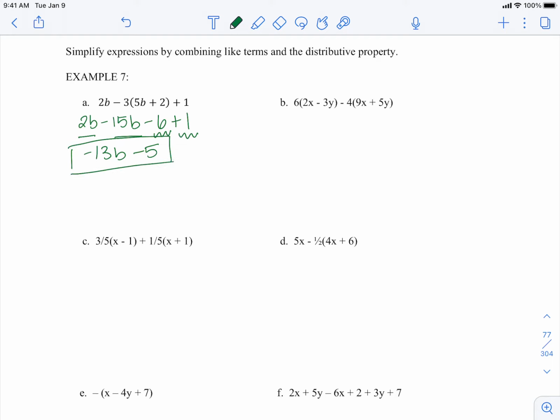For the next one, we distribute first. We get 12x minus 18y minus 36x minus 20y. 12x minus 36x is negative 24x. Negative 18y minus 20y is negative 38y.